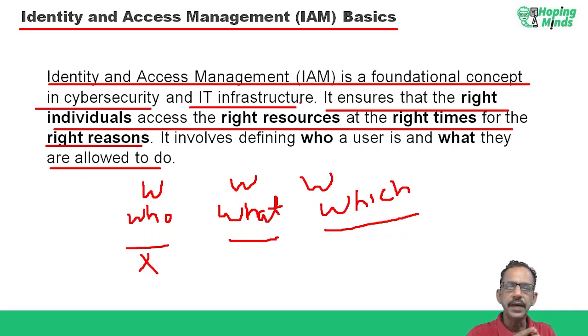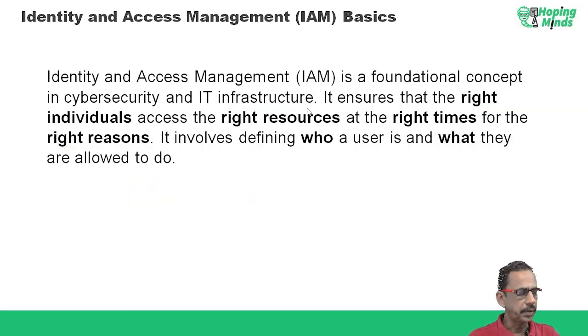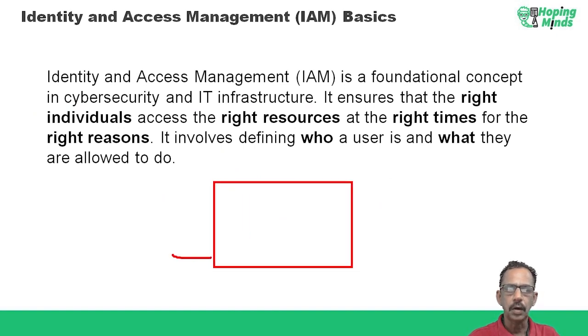A person can enter into a bank. First the guard will check whether this person is allowed to enter the bank or not. He shows his card, yes, I'm allowed. Okay, you can go. Now where can he go? He can go to the customer service person, to the accountant, or to a secure room, or to some security documents, and the question is whether he is allowed to go there or not.